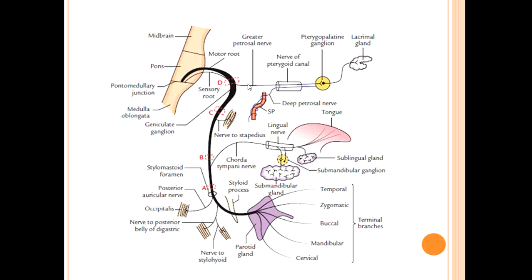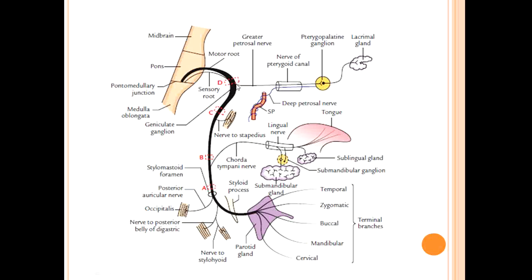Now from this geniculate ganglion, here is the greater petrosal nerve arising. This greater petrosal nerve arises and it will join with the deep petrosal nerve, and both nerves will combine to form the nerve of the pterygoid canal, and they will reach the pterygopalatine ganglion, and from there the nerve arises which goes and supplies the lacrimal gland.